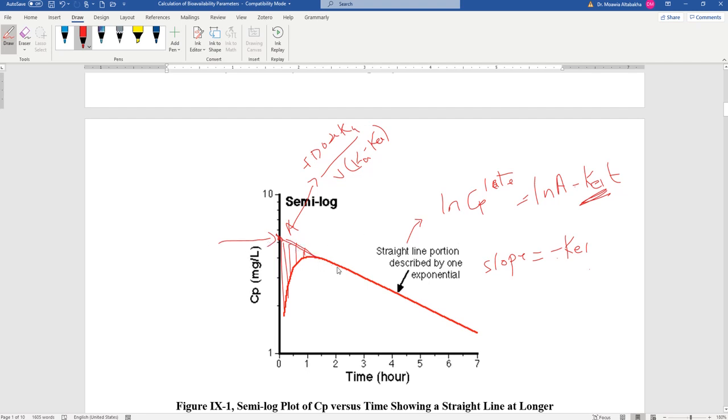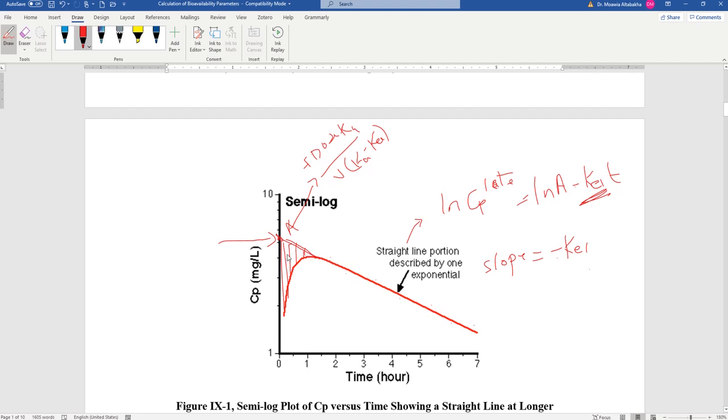This line we will call the Cp late line, and this is the real concentrations. The Cp late and the real concentration become equal or similar at this line. Of course there may be a point here and a point here, but we consider them to be similar because this line is supposed to reduce the error. So we consider them as similar.